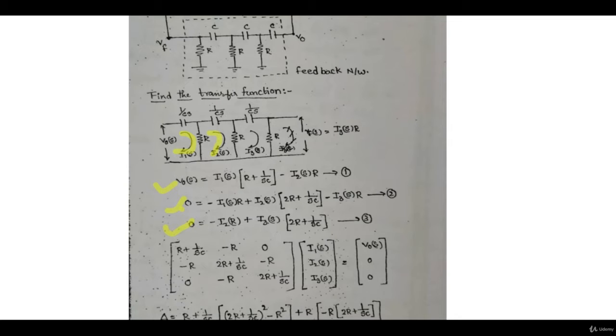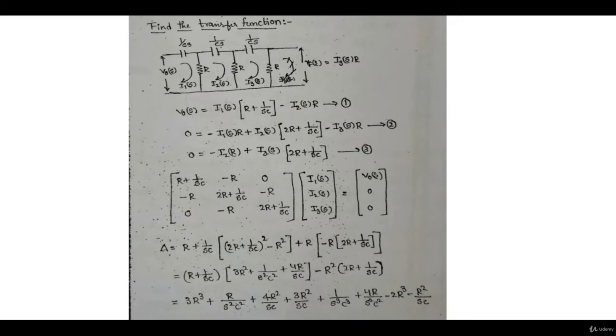So to solve this we will use a matrix. Okay, so here you can see on the left hand side, you have V0s, 0, 0. On the right hand side, you have the coefficients of I1, I2, I3, that are R plus 1 by SC, minus R, 0, then minus R, 2R plus 1 by SC, minus R, then 0, minus R, 2R plus 1 by SC.